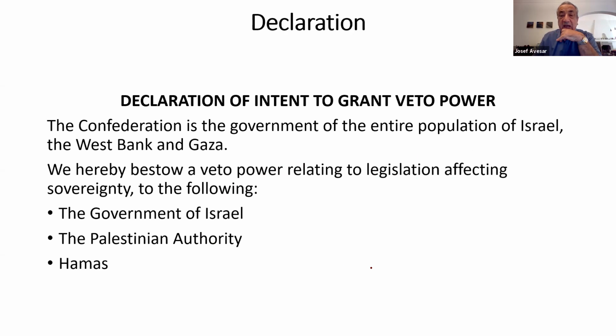Does anyone have any question regarding this veto power that we are giving to the Israeli government, and the Palestinian government and Hamas government, because they are concerned about security and they need some safety valve? In other words, whatever we pass, they can veto if it affects them. Does anyone have any questions on that?